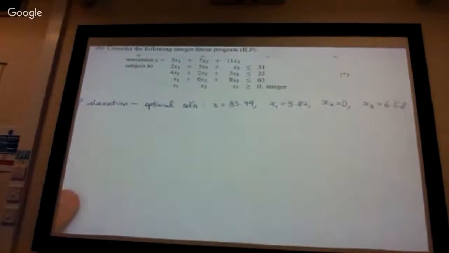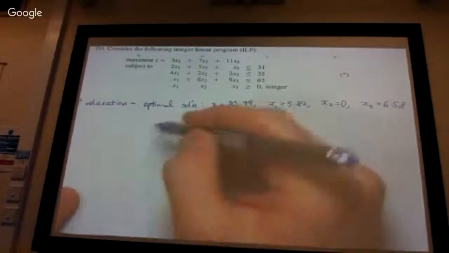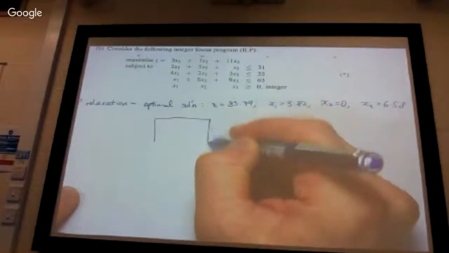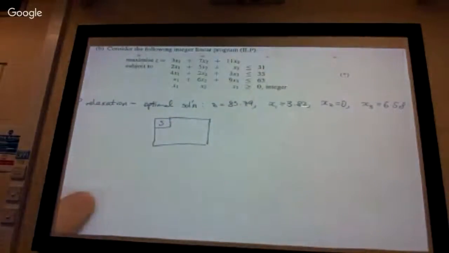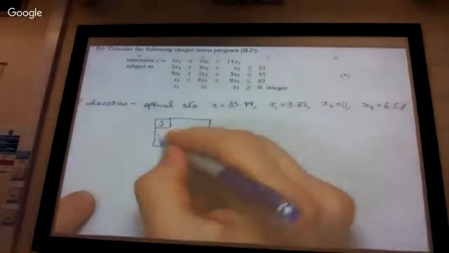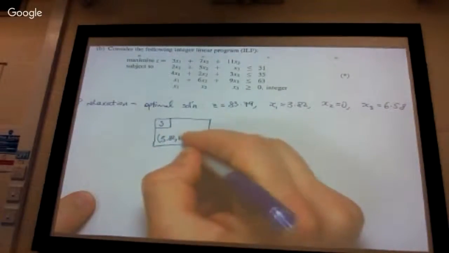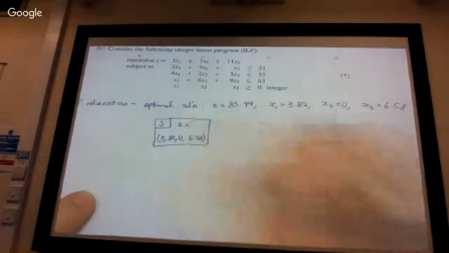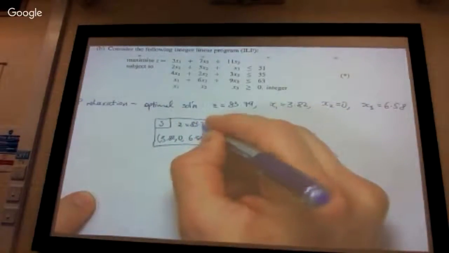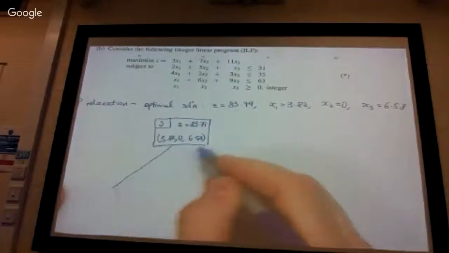So I start my branching tree. This is my problem S. These are the values, and Z is 83.79. And now I want to branch.